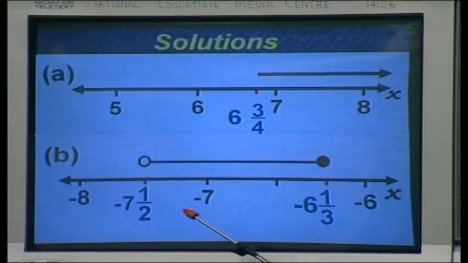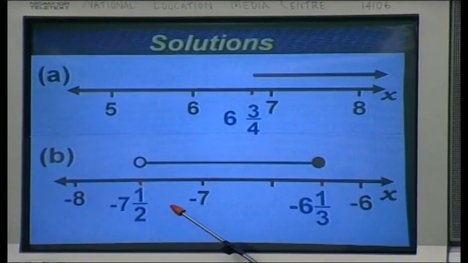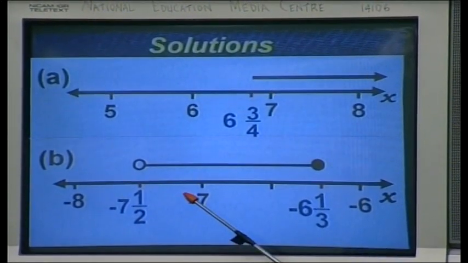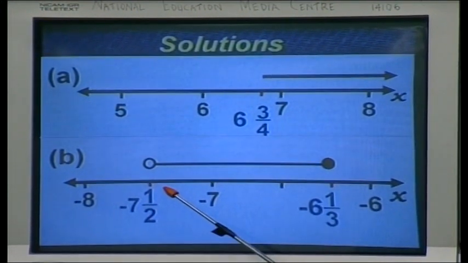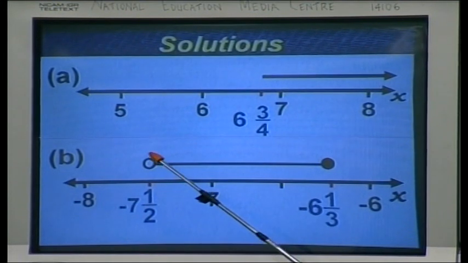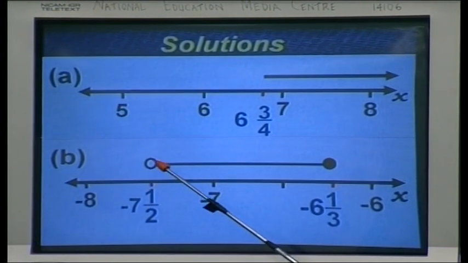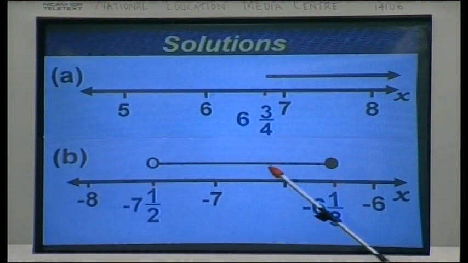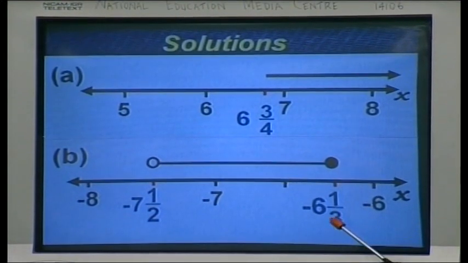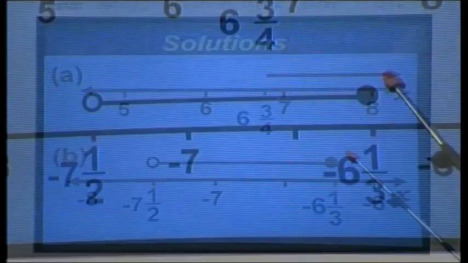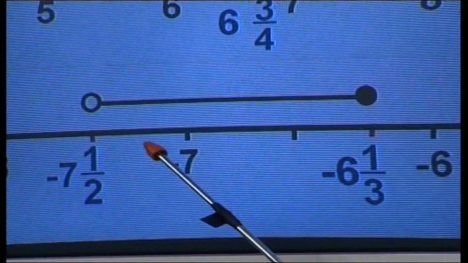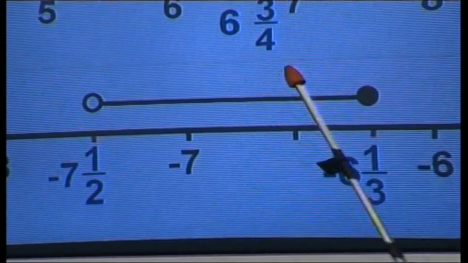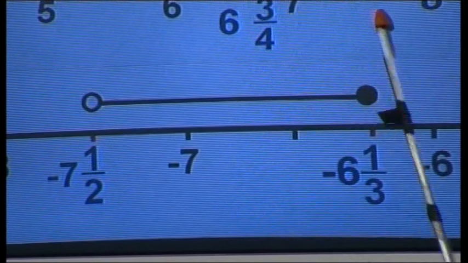Exercise B, this is what you should have plotted on your number line. 7.5, it's indicated with the red line, and the circle is unshaded. Then you have -6 1/3. The circle is shaded. 7 is in between, so these two numbers on the sides are equal.